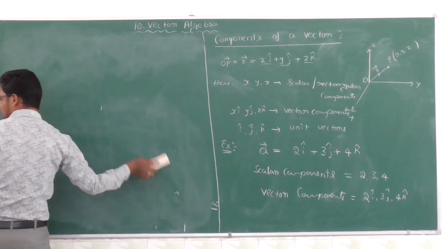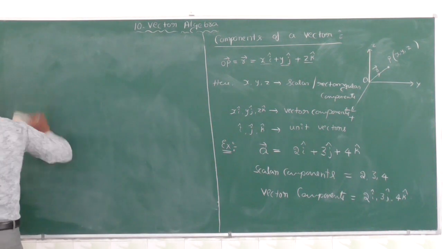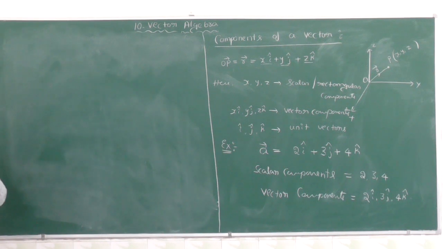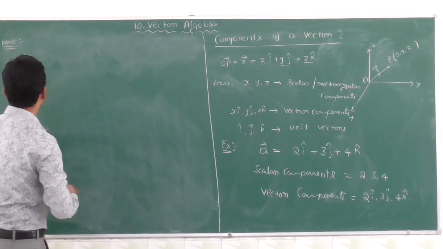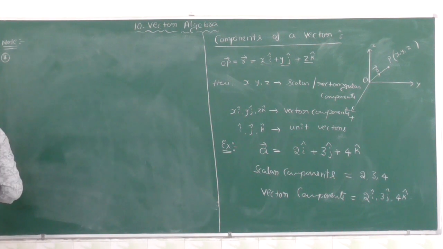Next are some note points we have. Kindly note down one by one. These note points are very important for solving your upcoming problems. Okay. Note points. The very first one.